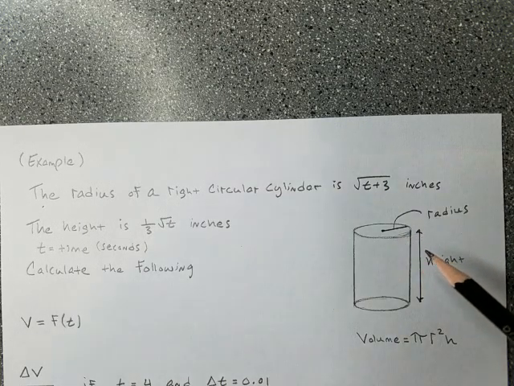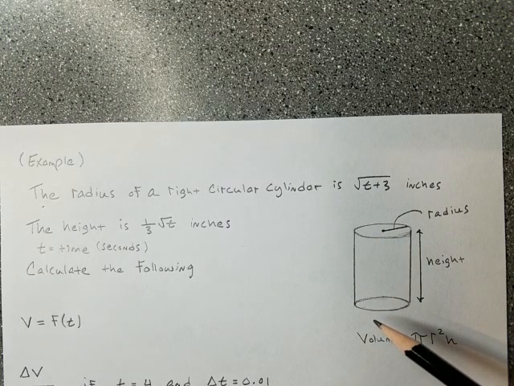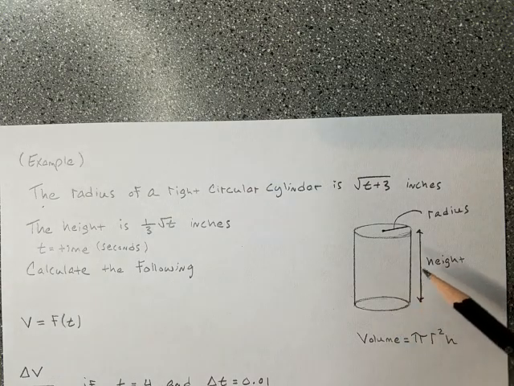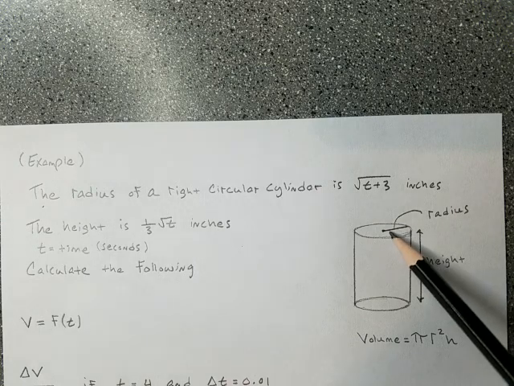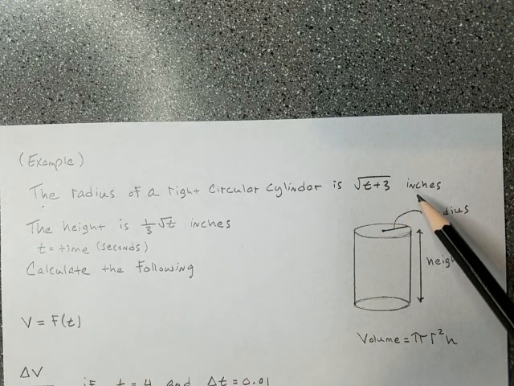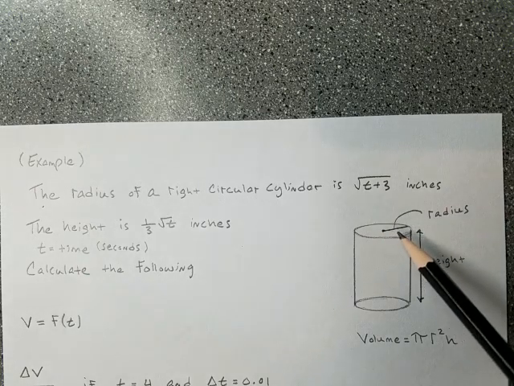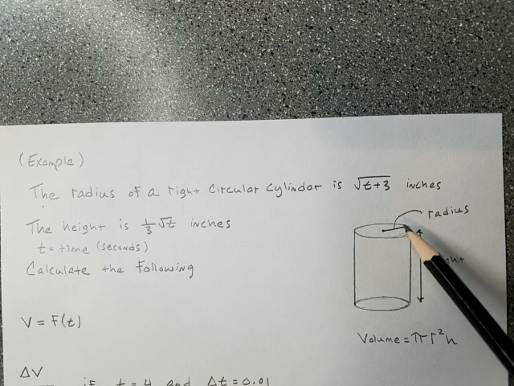That happens when, say, you have a metal object and you heat it up or cool it down, it might very slightly change size. But all right, we're going to accept this at face value. The radius is root t plus 3 inches. You tell me the time, I can tell you the radius. If t is equal to 1, then the radius there is 2 inches.